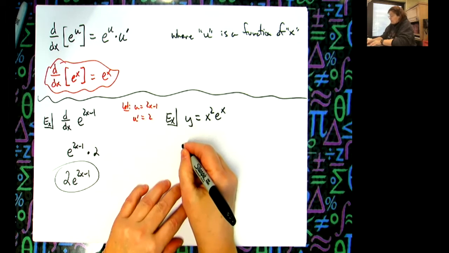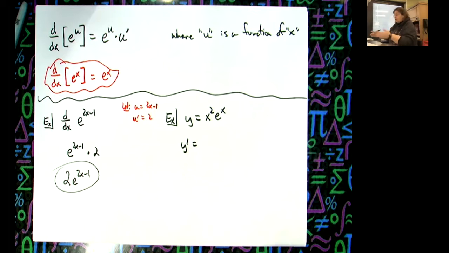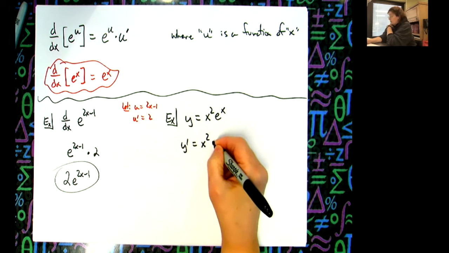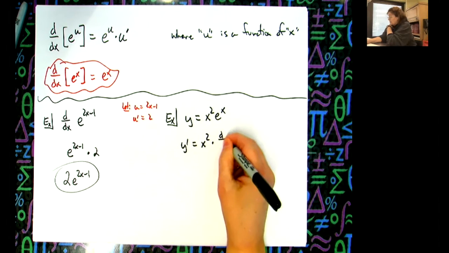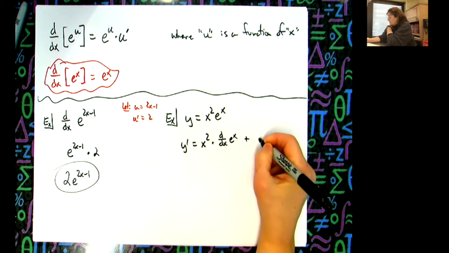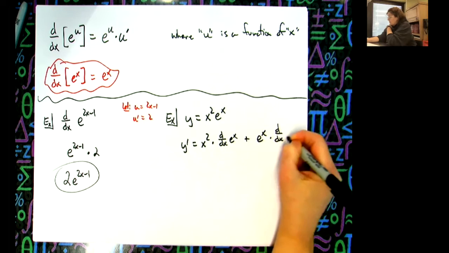If I'm going to take the derivative here, I'm going to start with y prime, and then I'm going to do product rule. So I'm going to do the first term, which is x squared, times, now I'm going to go ahead and use our d dx notation, d dx, the derivative of the second function, plus the second function, times the derivative of that first function.